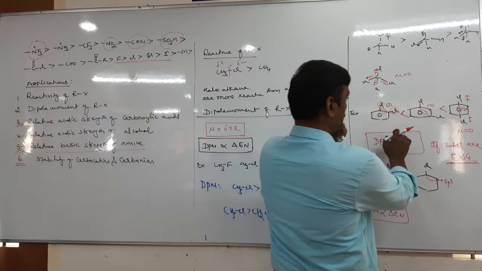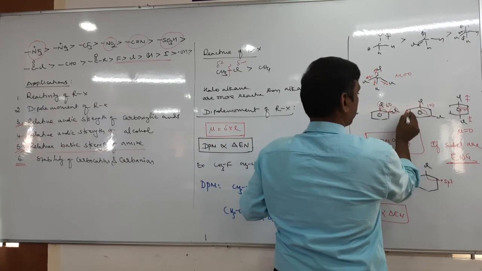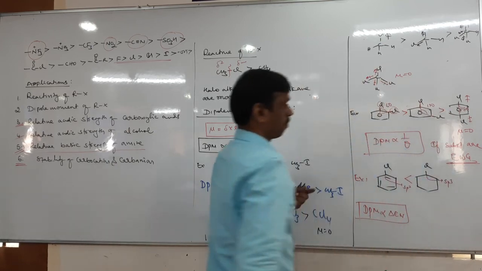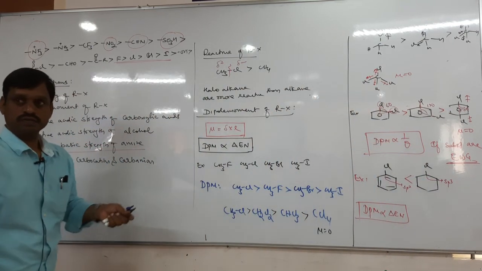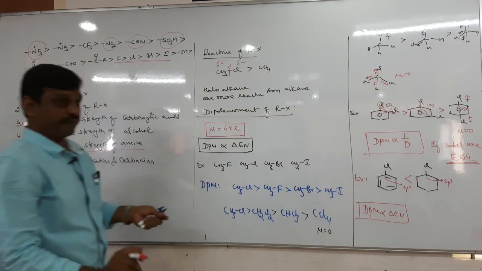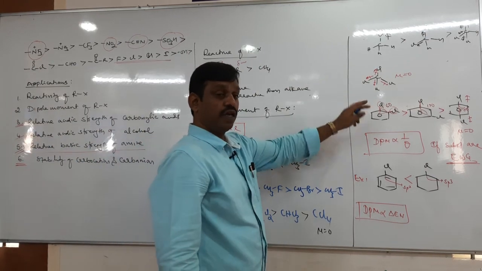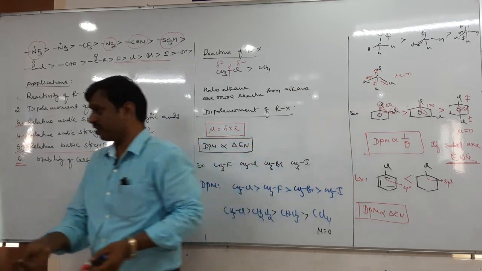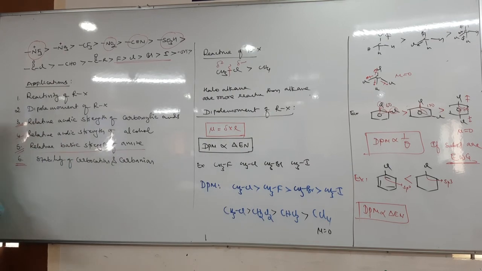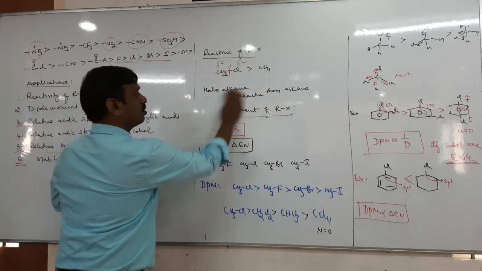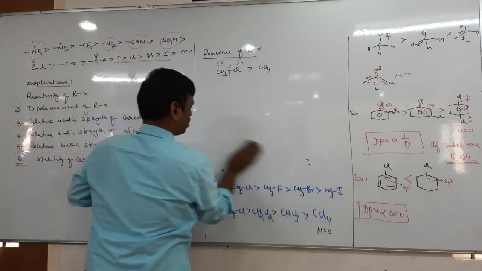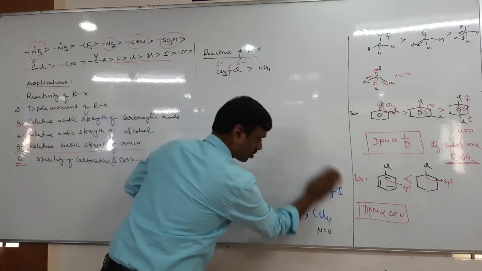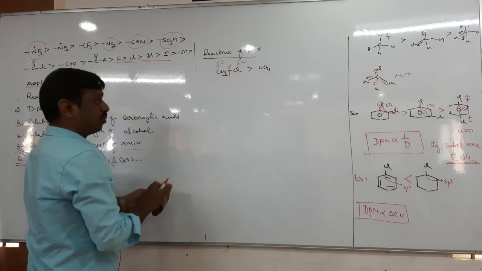Do you want the symbol changed? Okay. See, suppose this is electron withdrawing. If there is an electron releasing group, you tell me now. See, you need not worry about dipole moment. You just try to write the structure so that you will get an idea.